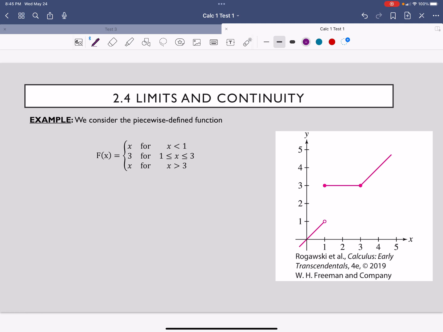Okay, so let's talk about this for just a couple of minutes before we start looking at the different details of the graph. First thing I want you to remember is that because of this right here, this is called a jump discontinuity.